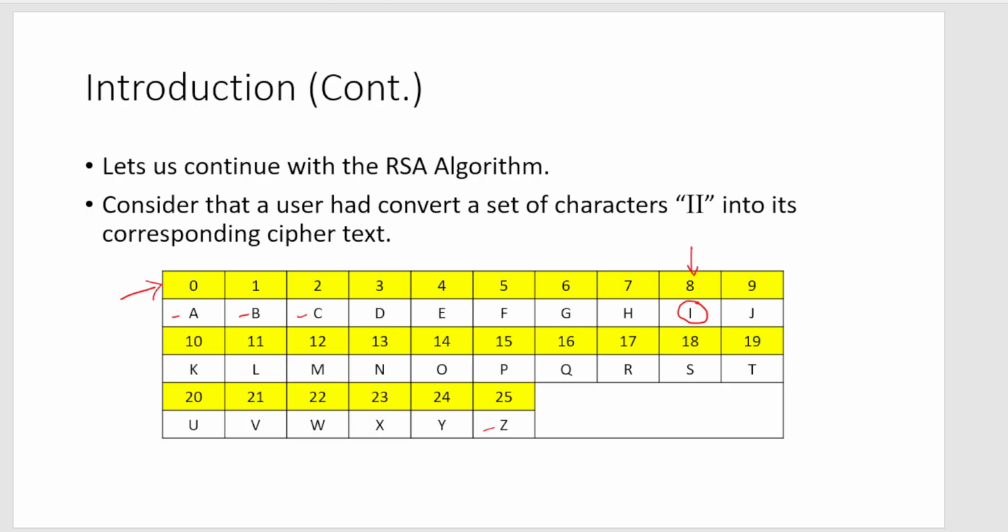So when I convert II into a digital format, I will get the value 88. Two times I means two times 8, so 88. The plain text now becomes 88. This is the plain text that we are going to use in the execution of this code.